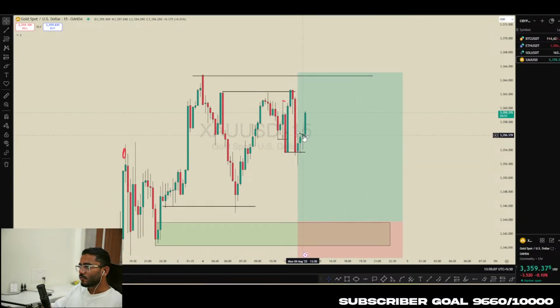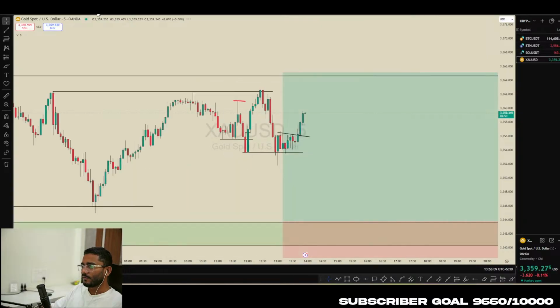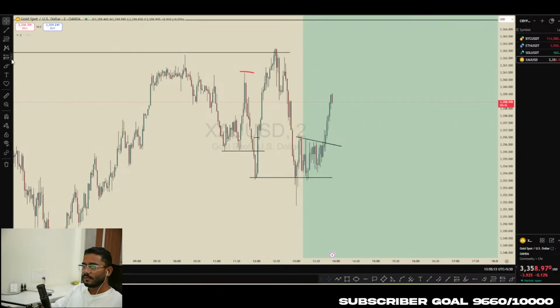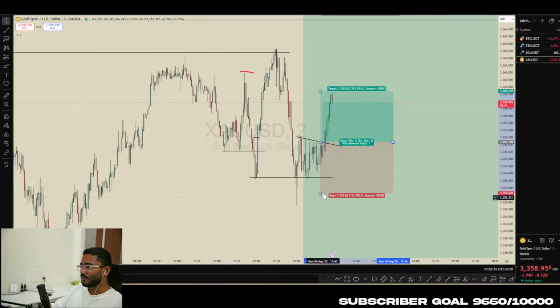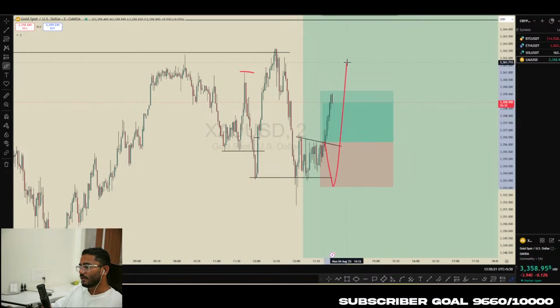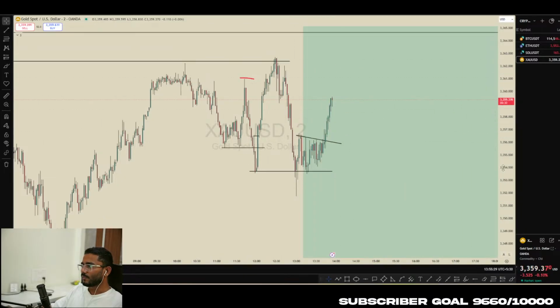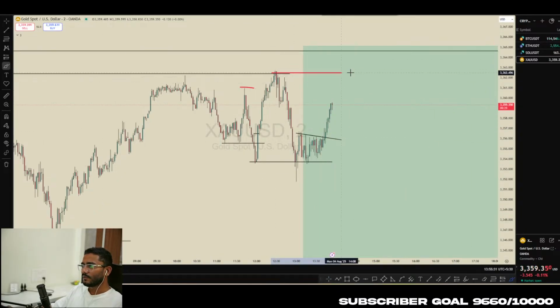I know that price is going to the upside from here, but we don't have any area where we can look for entry, because I don't like to trade breakouts like this. It's very risky because one candle in a direction will hit our stop loss. So let's wait for price to break this previous high.